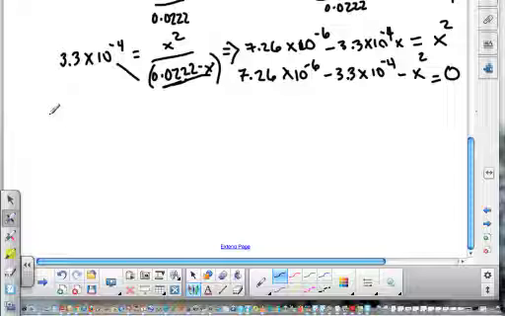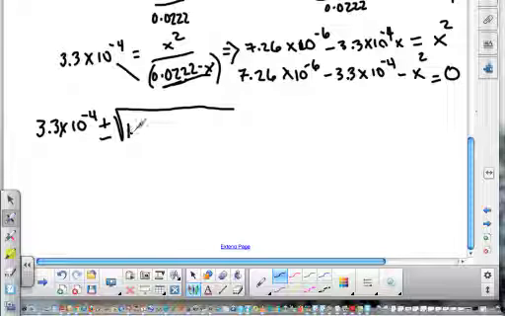So, opposite of b, 3.3 times 10 to the minus 4, plus or minus the square root of b squared, that 3.3 times 10 to the minus 4 squared is 1.09 times 10 to the minus 7, minus 4ac, but because a is negative 1, it's going to be plus 4 times the c, which is 7.26 times 10 to the minus 6. We'll do that math. 4ac is 2.9 times 10 to the minus 5, all over 2a.